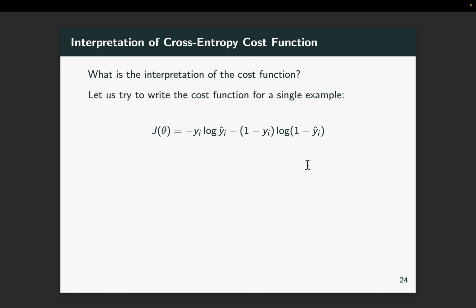And the second term is just minus 1 times logarithm of 1 minus y_i hat. y_i hat will always vary between 0 and 1, that's all you need to plot. So minus logarithm of 1 minus y_i hat, where y_i hat varies from 0 to 1. You have to make that plot.